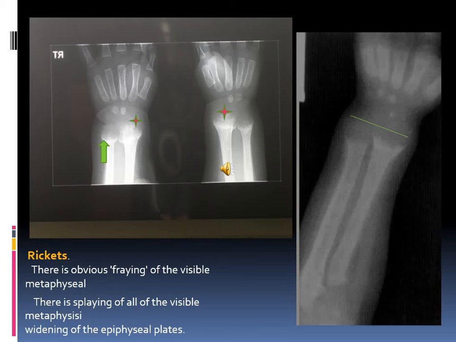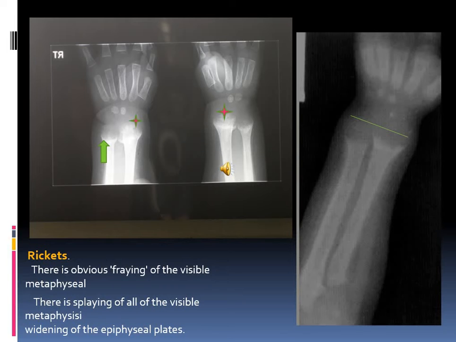Also we can see abnormal bony matrix in the lower part of the bones, which we sometimes call fraying. The green arrow is demarcated here for the cupping and splaying, while the red star is demarcated here for the area of fraying of the bones.